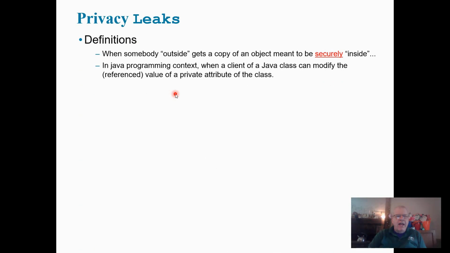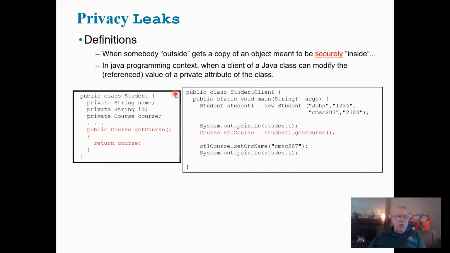When somebody outside, in other words, a client programmer, gets a copy of an object that the application programmer meant to be securely inside, that's called a privacy leak. It happens when a client of a Java class can modify the value of a private attribute of the class. So we want normally for things to be private.